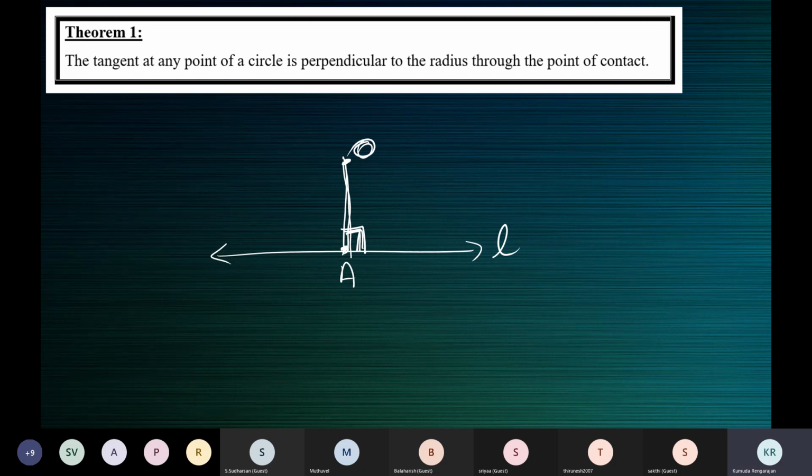The two terms are perpendicular distance and shortest distance.